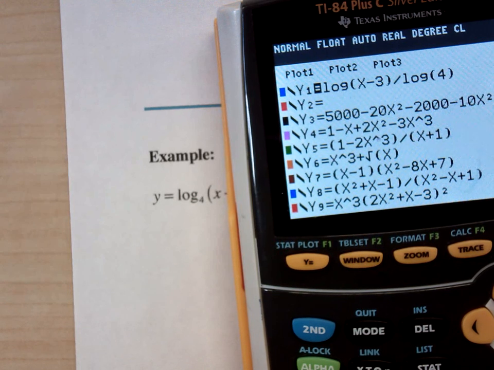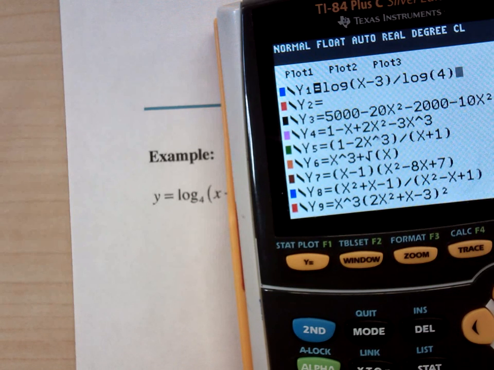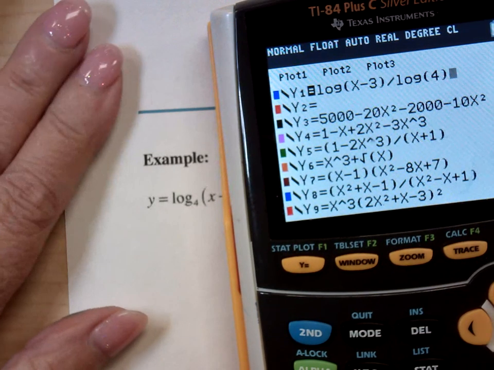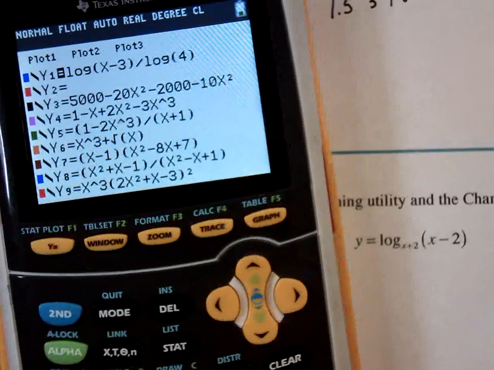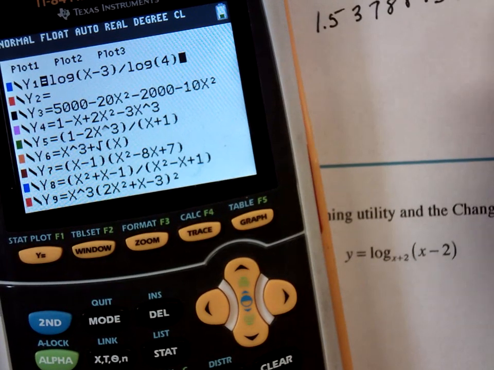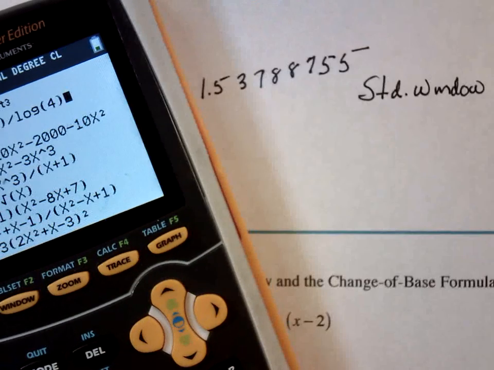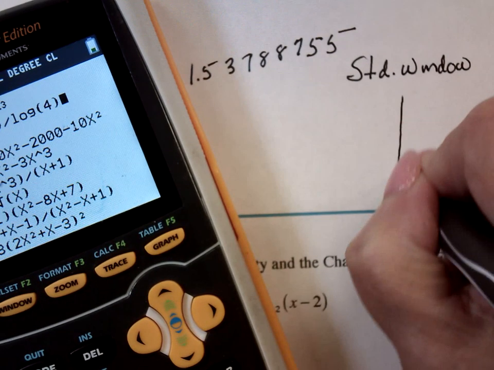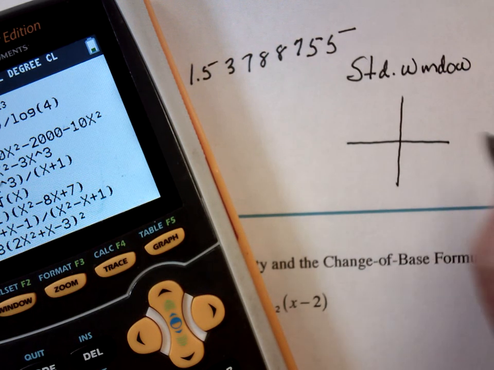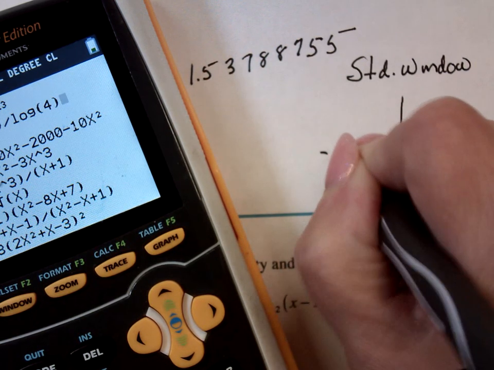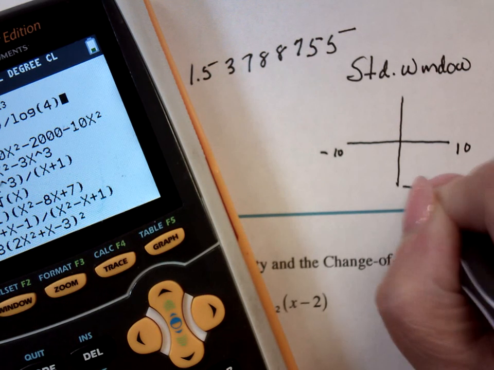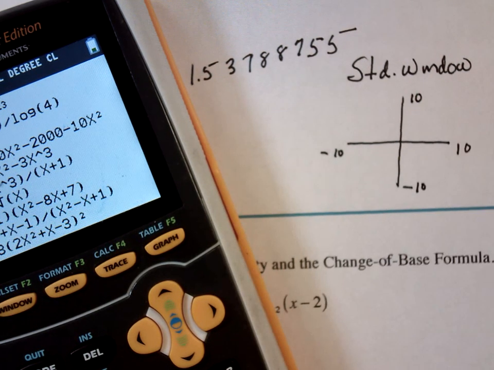Now, on your calculators, the basic graphing window, let me get some space here. So this would be the standard graphing window. In other words, your basic piece of graph paper. On x is minus 10, 10. On y, minus 10, 10. That's your basic graphing window on the TI.